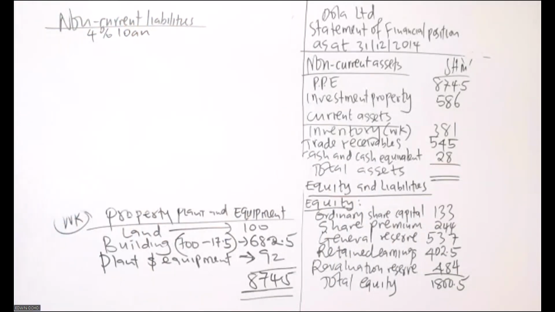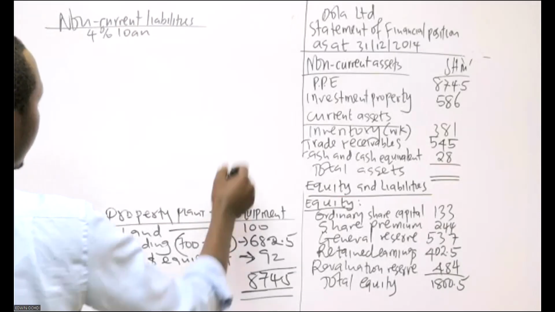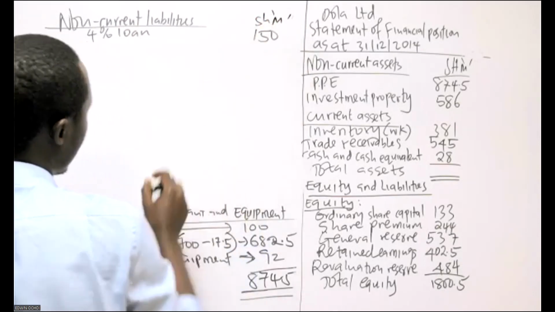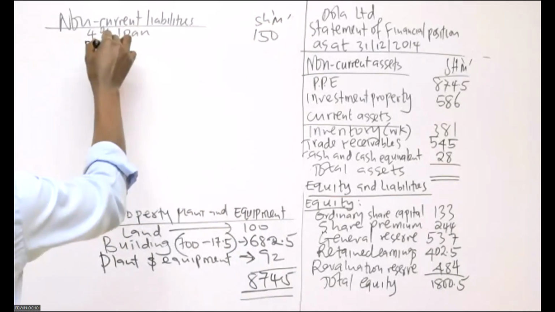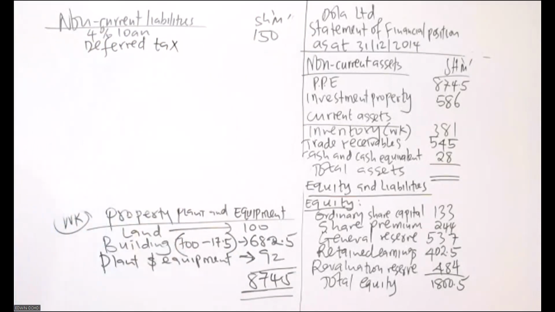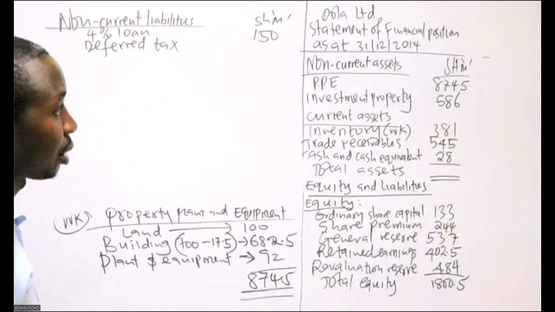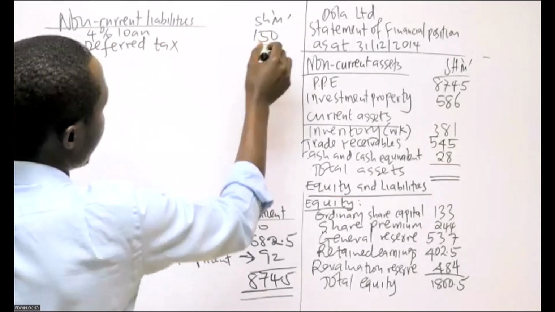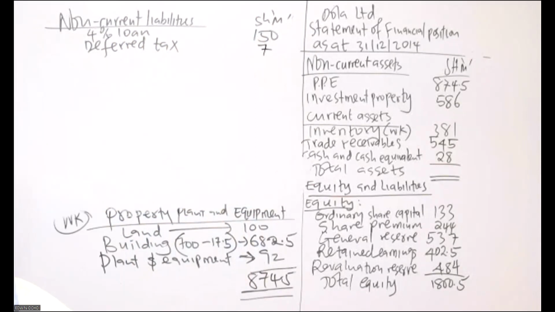So the 4% loan is stated at what? 150. There was deferred tax, from additional information number 3. Remember, the deferred tax is all about our future tax obligations, the current tax payable in the future. This is 7. That is from additional information number 3.